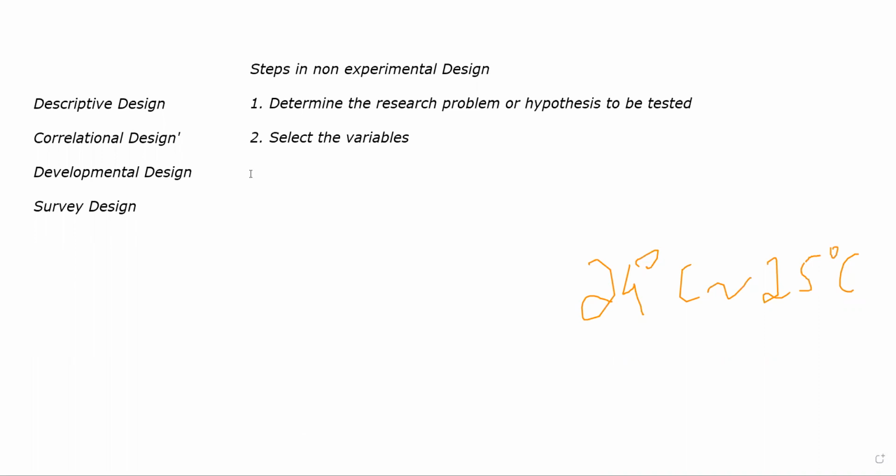Then we have the third one, collect the data. Okay. Once you've selected the variables, collect the data. You will generally perform a longitudinal study, meaning you are collecting longitudinal data. Data is collected at more than one point. So आप let's suppose day 1 पे collect कर रहे हैं, then day 3 पे collect कर रहे हैं, day 5 पे collect कर रहे हैं, ऐसा different points पे collect कर रहे हैं data, and it is helpful in establishing order, in the sense time ordering of independent and dependent variable.